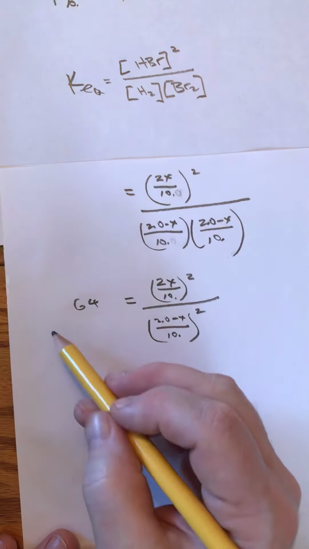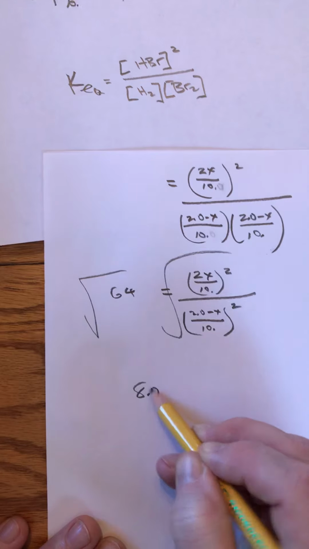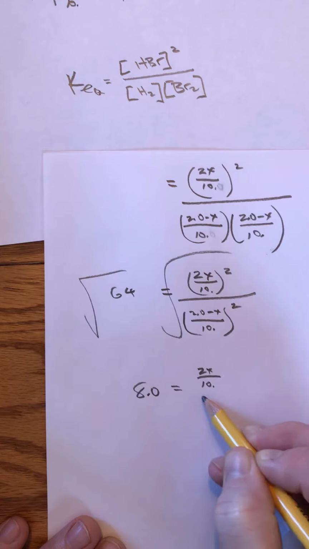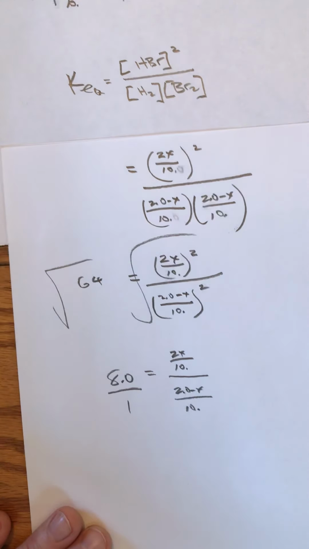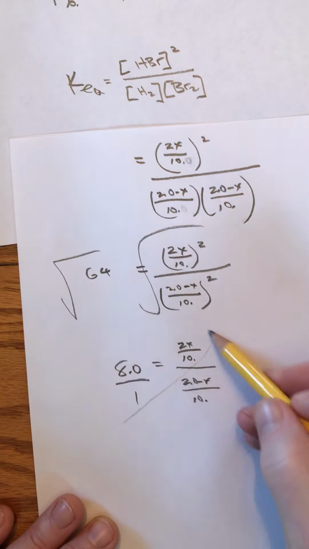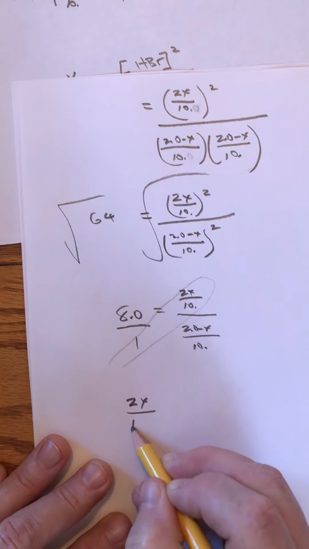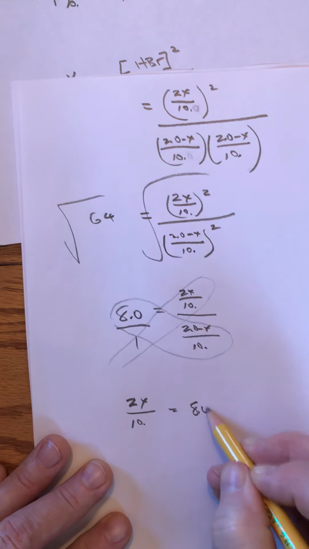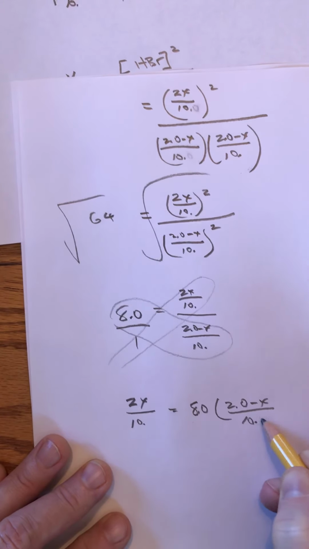Okay, well, let's take the square root of both sides of that. Square root of 64 is 8. So that's 2x over 10 over 2 minus x over 10. Let's set that over 1. Cross multiply. 2x over 10 is equal to 8 times 2 minus x over 10.